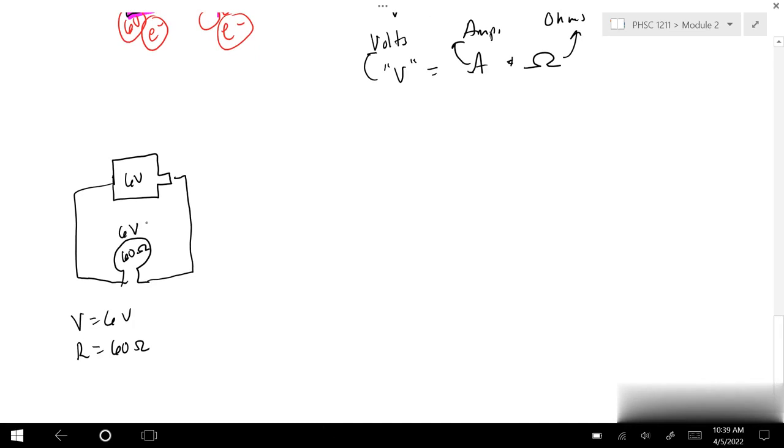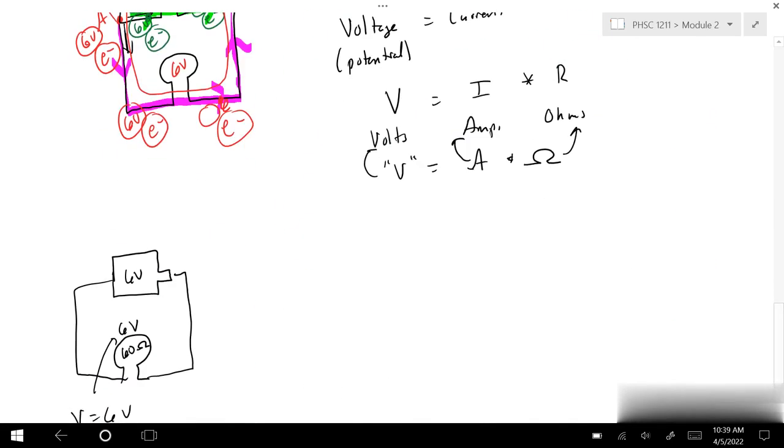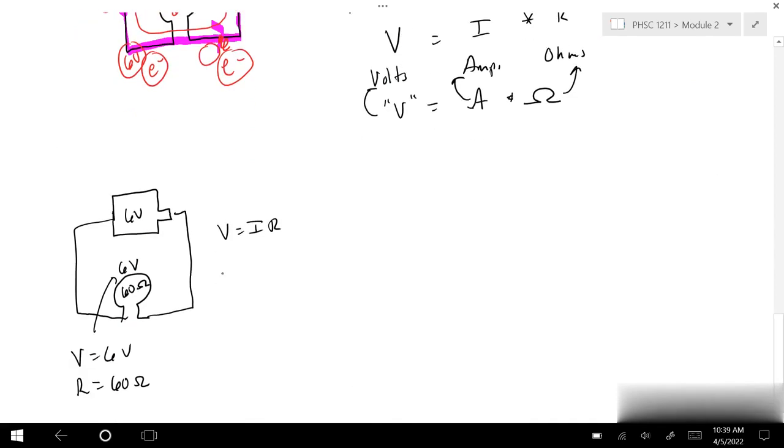And I know that 6 volts is dropped off here. So going back to our picture up here initially, we have V is equal to I times R, and I want to find I. So I get 6 volts is equal to I times 60 ohms. And then I is equal to 6 volts over 60 ohms, where I is equal to 0.1 amps.